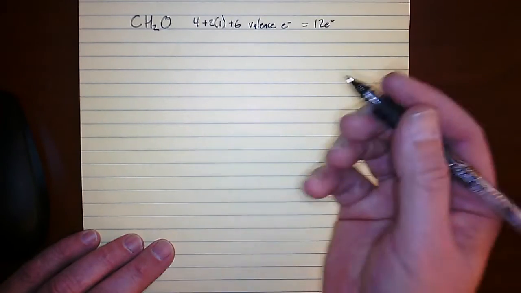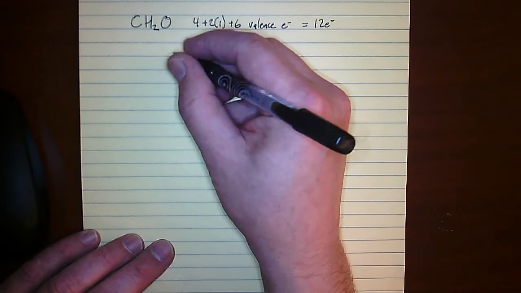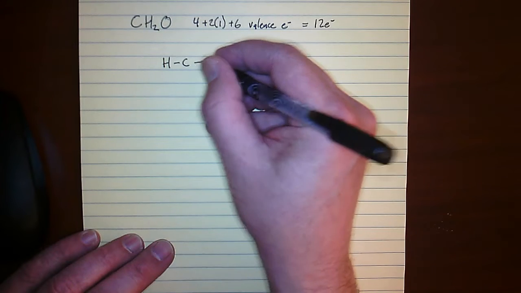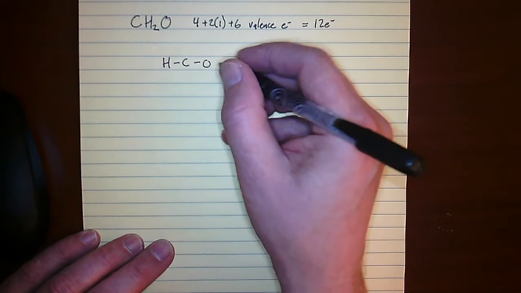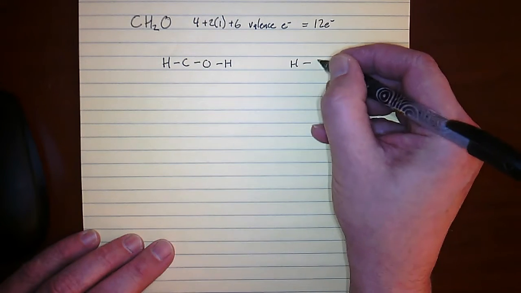Okay. Now, we can draw a skeleton like this. We can draw H dash C dash O, and then we have another H to put on there, and we can put the H either here, or we can put the H here.